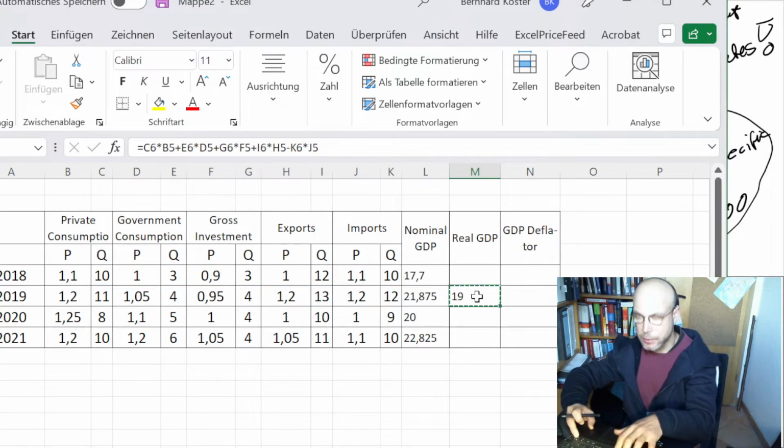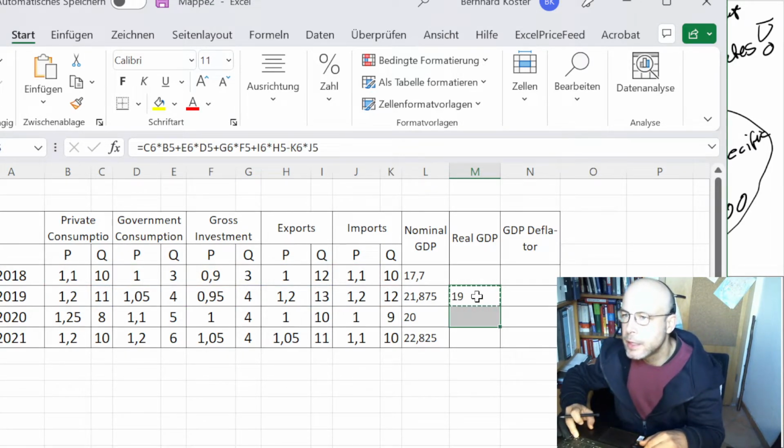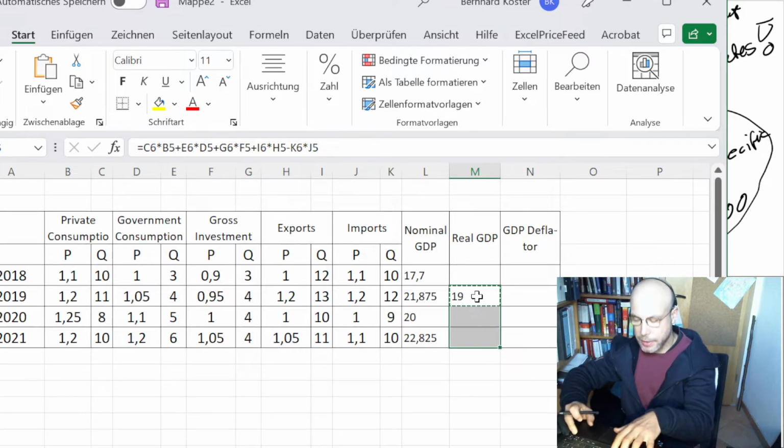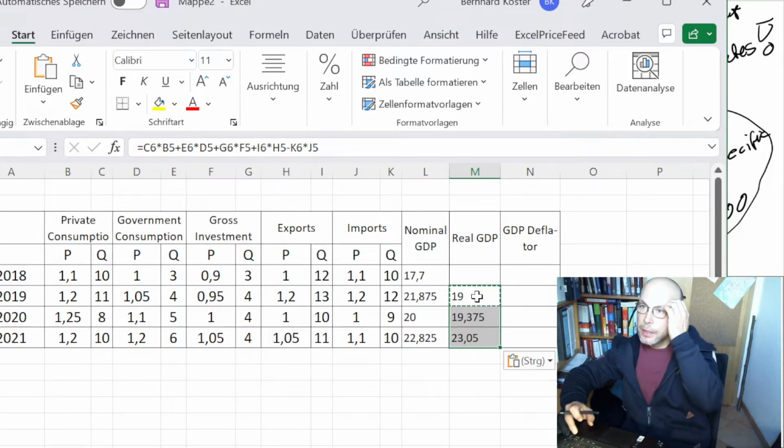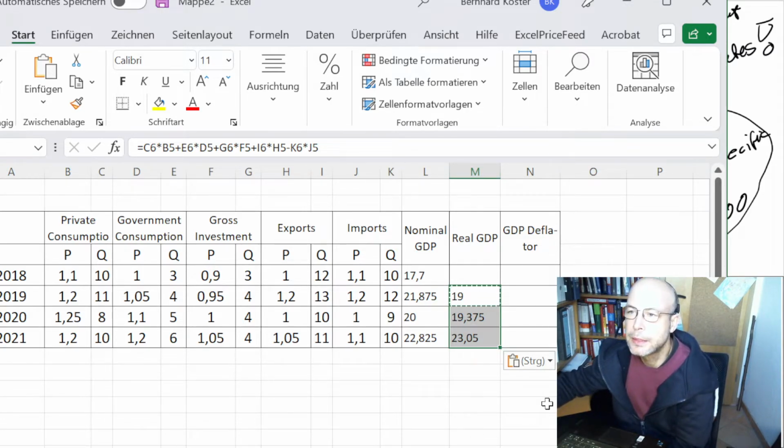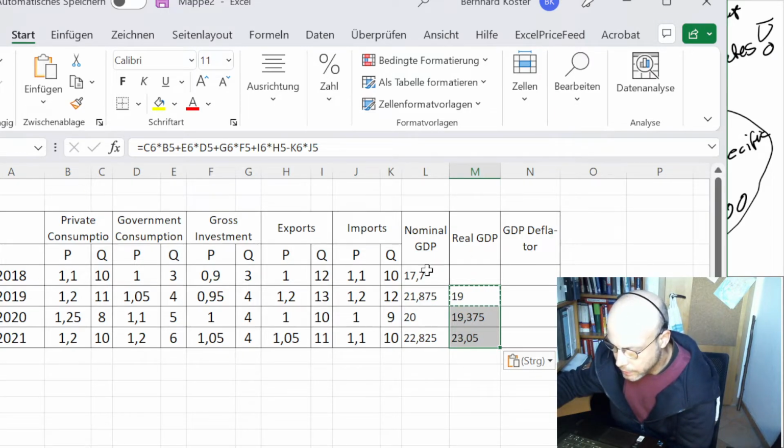And of course also this we can just copy downwards, and then let's move to the right. Now we have nominal GDP and real GDP.